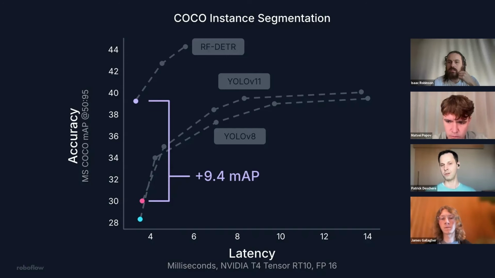We compare that to YOLOv11, which was around 30 mAP, and the RF-DETR segment preview was, I think, 39.4 perhaps. So there's a 9.4 mAP improvement here.